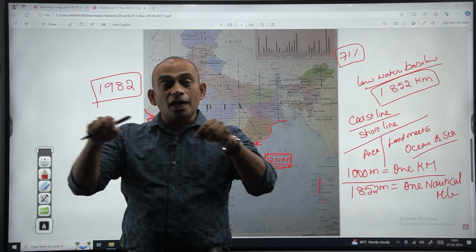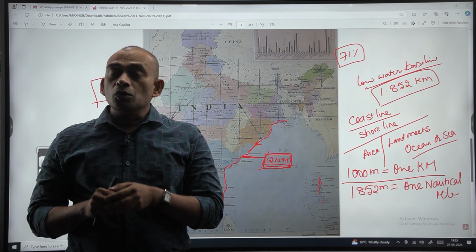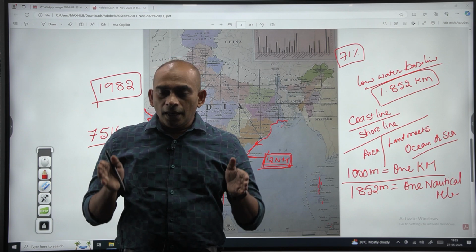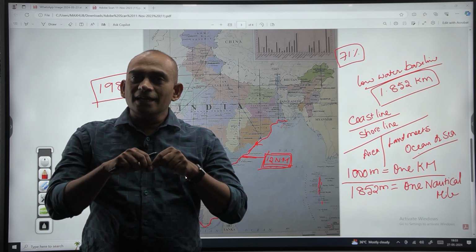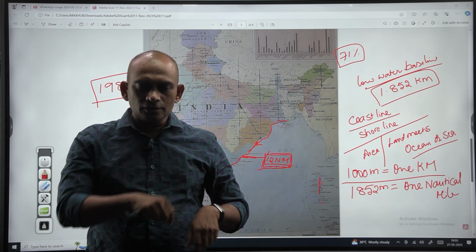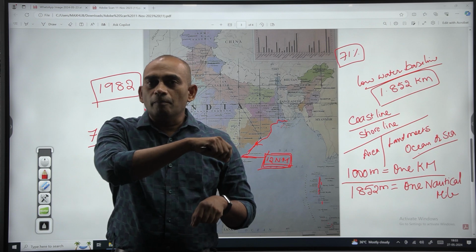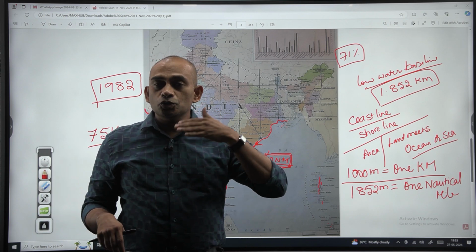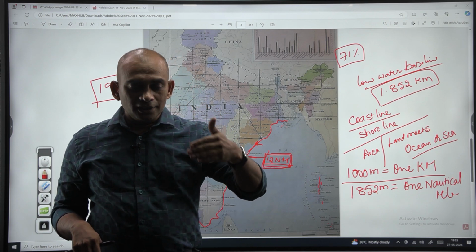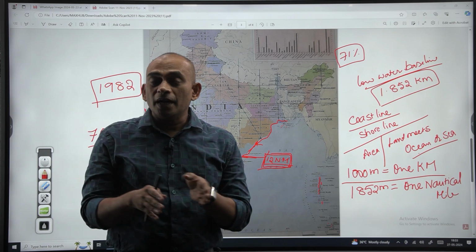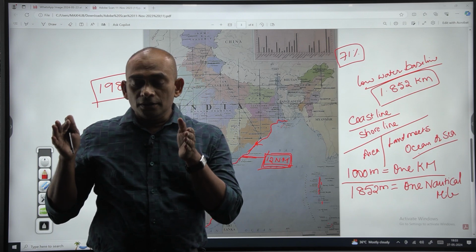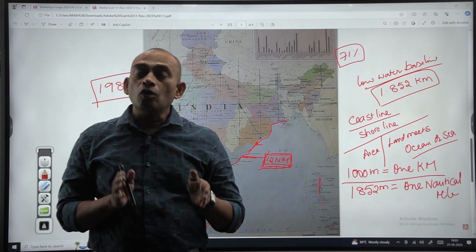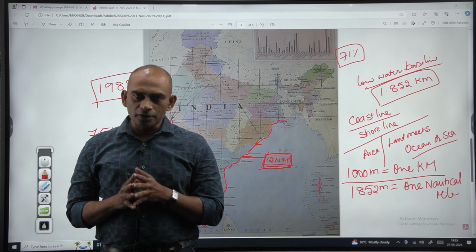So that much water is there. So how to decide a boundary? Because if it is land, we can easily put a mark and say you should not enter into this region of ours. But in the case of ocean or sea, how can we decide a boundary?